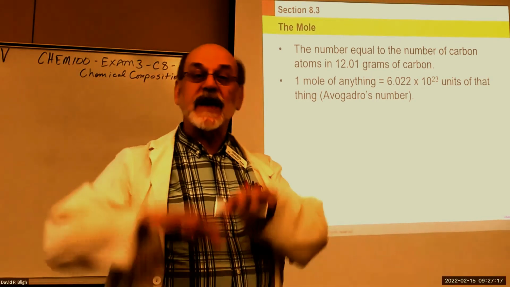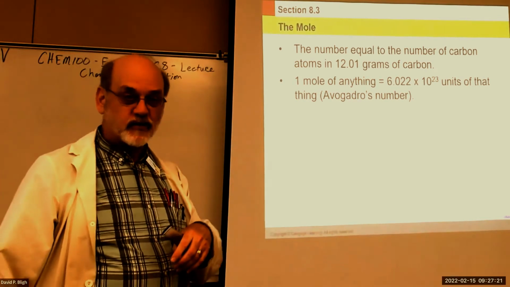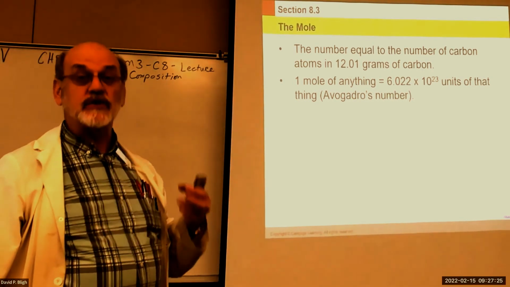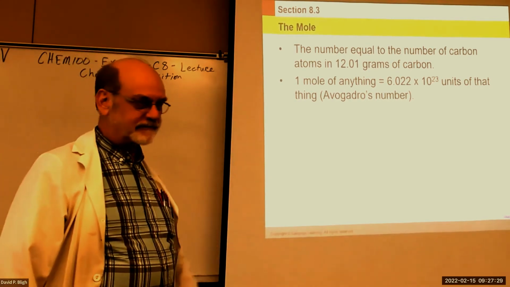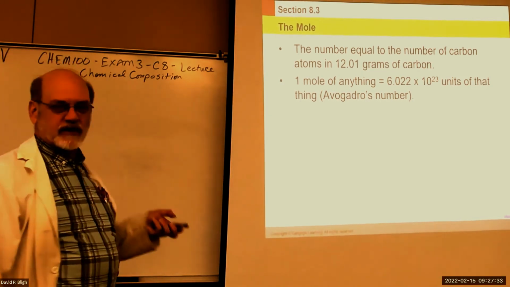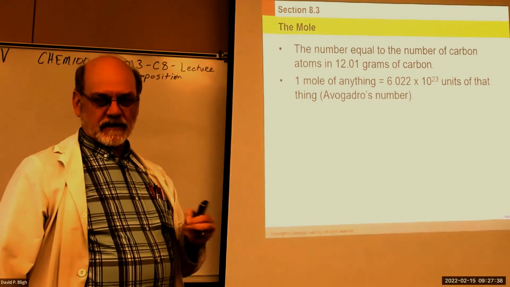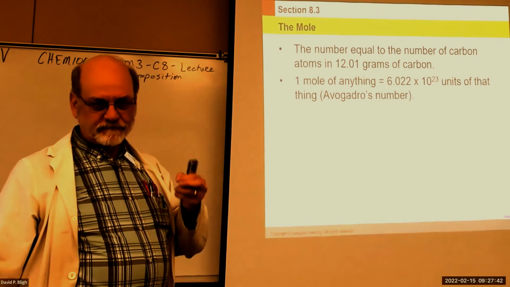Go outside chemistry. It could be chickens. 6.022 times 10 to the 23rd chickens would be a mole of chickens. But in our case, we're talking about very small things: atoms, molecules, ions. This is how many it would take to make one mole.